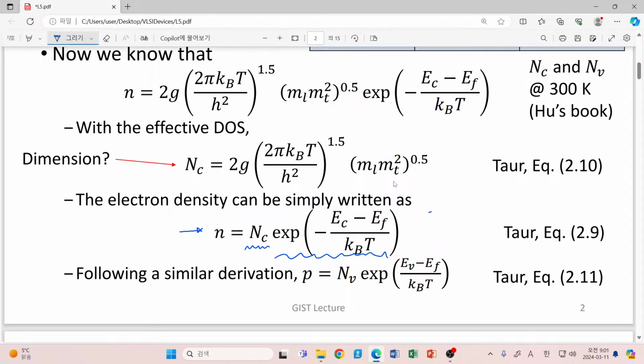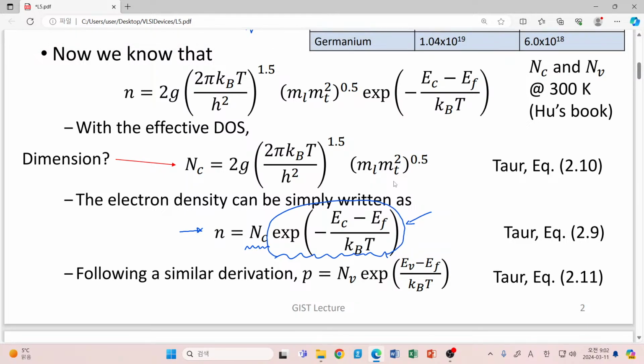If we have only this term, it can be regarded as just the Maxwell-Boltzmann distribution function, where its energy level is given as EC and its Fermi level is given by E sub F. So you can easily understand this is nothing but Boltzmann's distribution function, and this is the integrated density of states. So it will give us certain information about electron density.